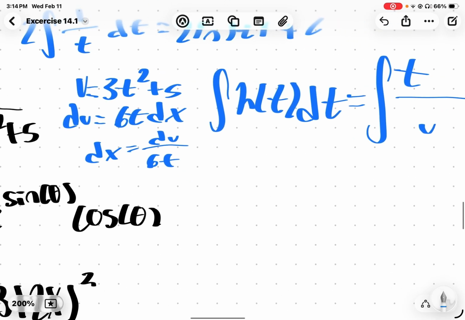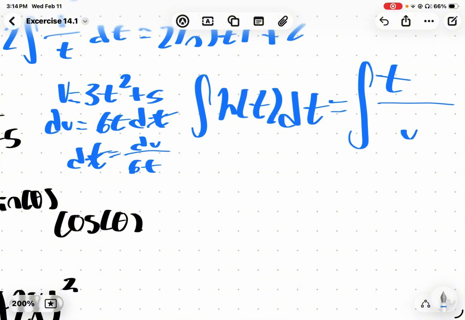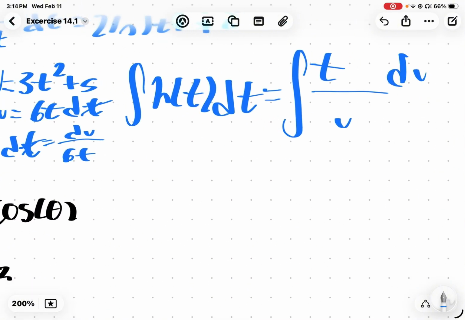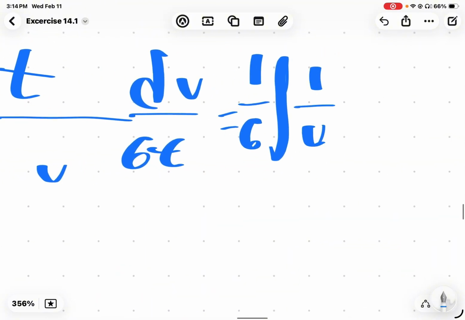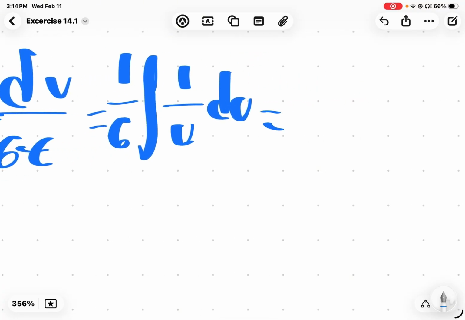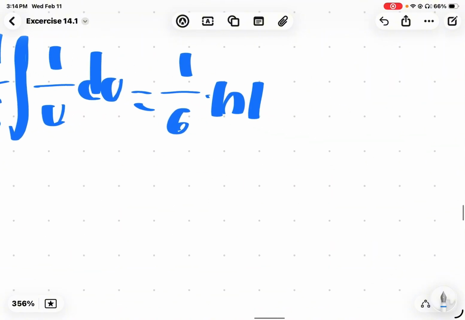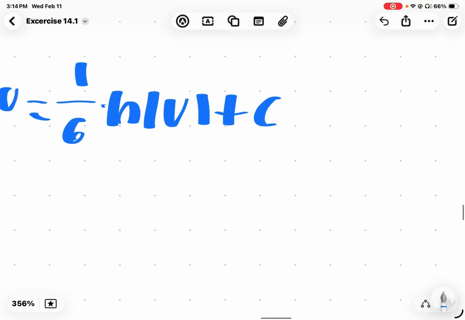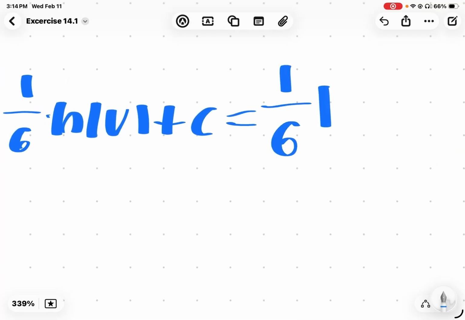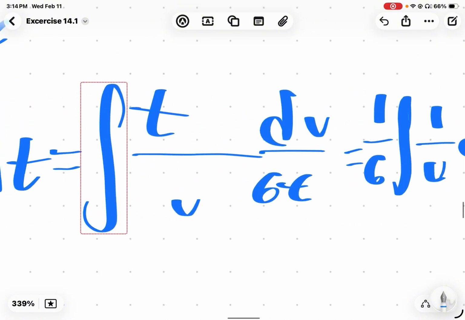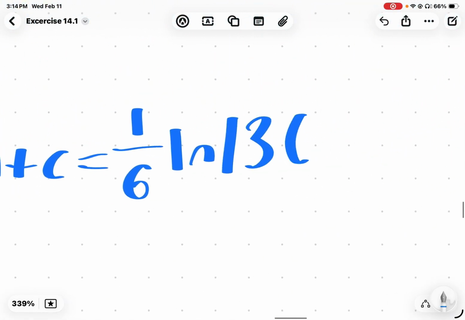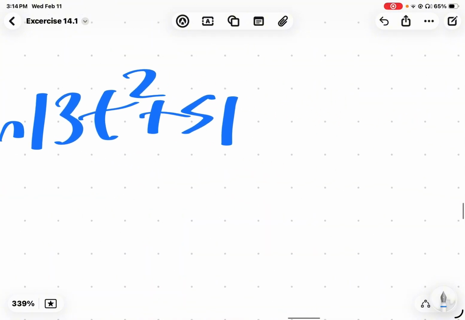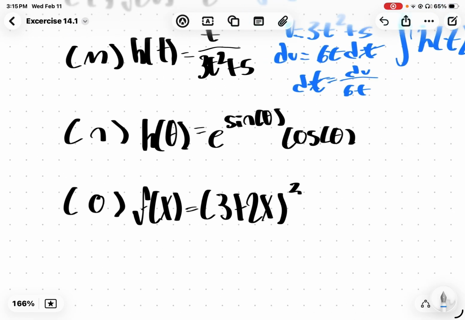We swap out dt for du over 6t, which gives us 1/6 times the integral of 1 over u du, which equals 1/6 times natural log of u plus c, which is 1 over 6 times natural log of 3t squared plus 5, plus c.